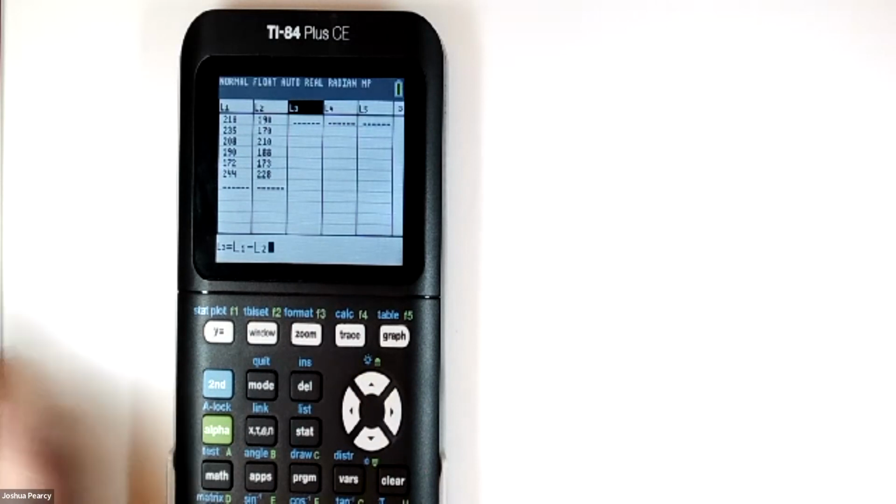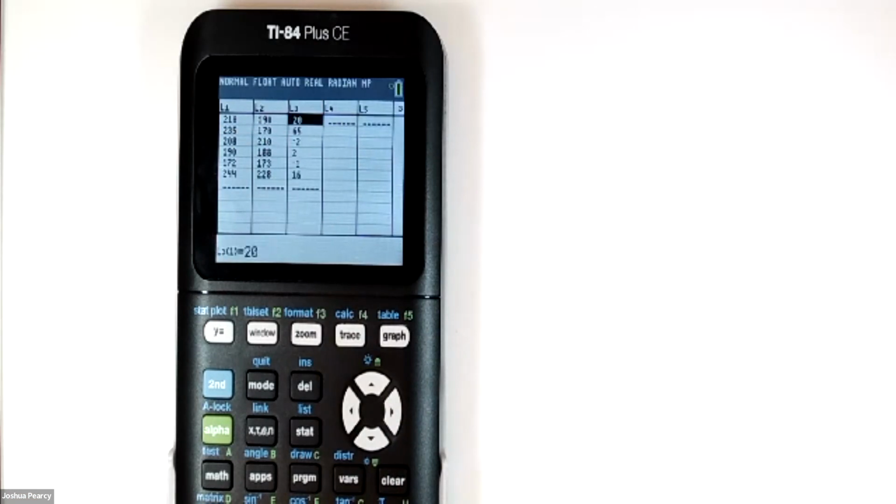So it's going to take each individual entry in each of those and subtract them. Then to run that, just hit enter, and it takes the differences between those. Everyone okay with that so far?